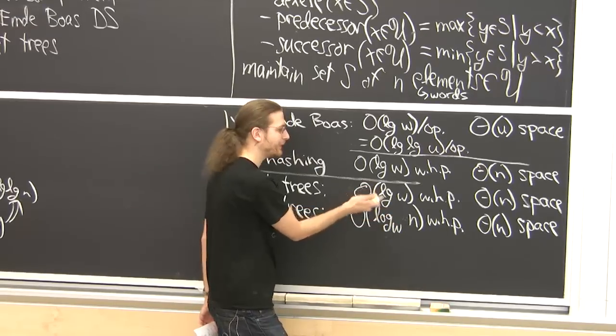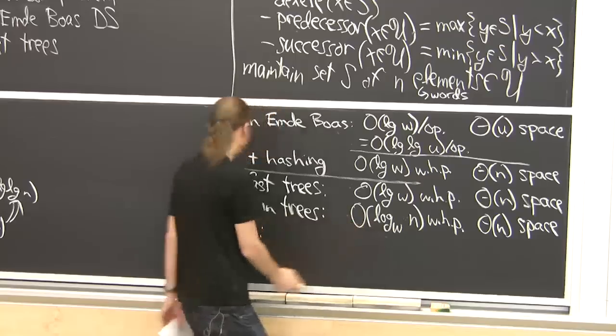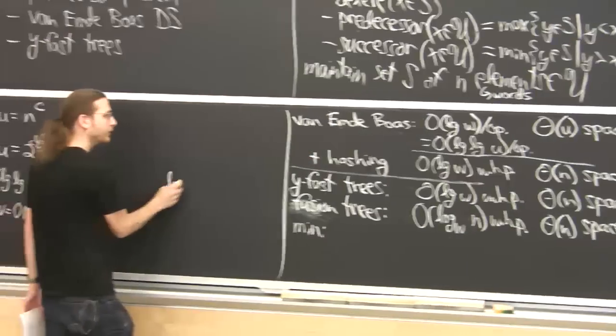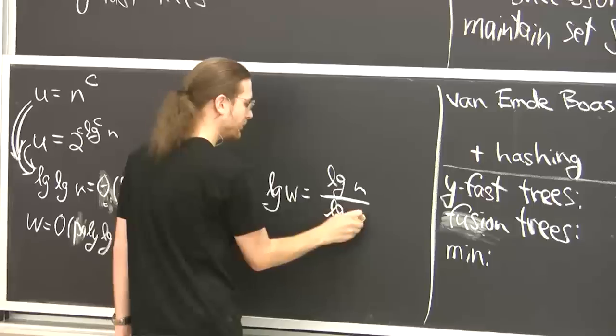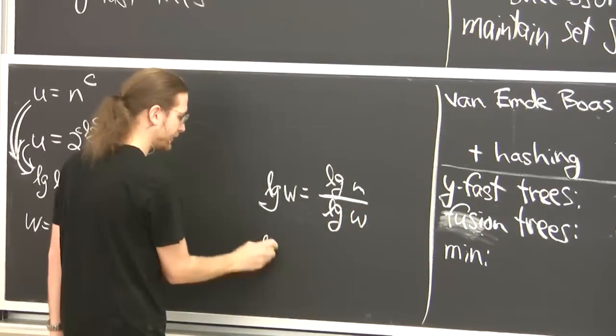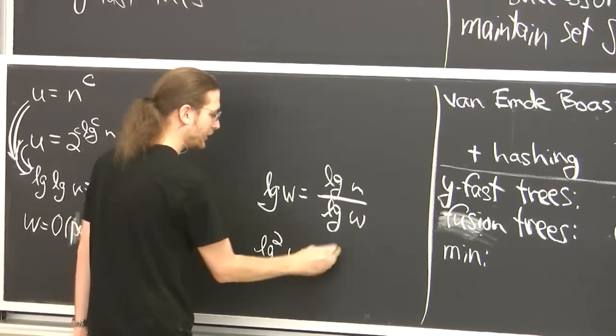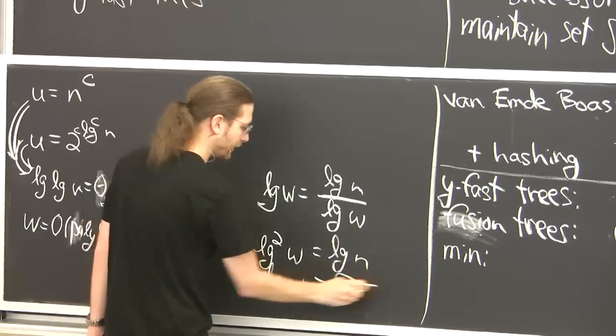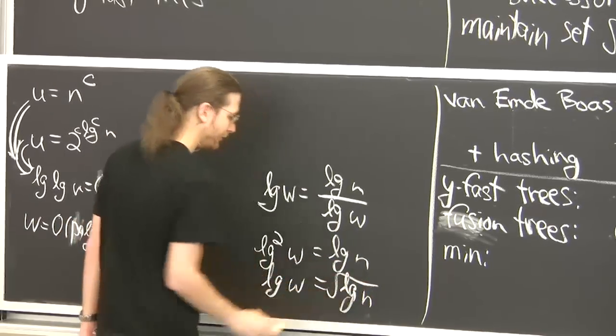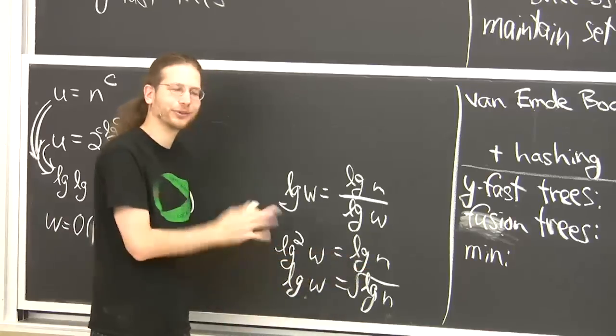So when log w equals log n divided by log w, let's do that over here. Log w is log n over log w. Then this is like saying log squared w equals log n, or log w is root log n. So I was right. W is 2 to the root log n, which is a weird quantity.